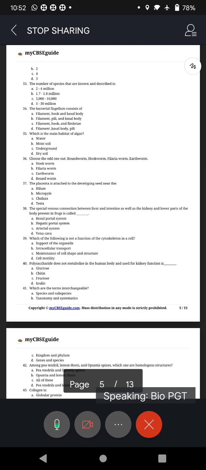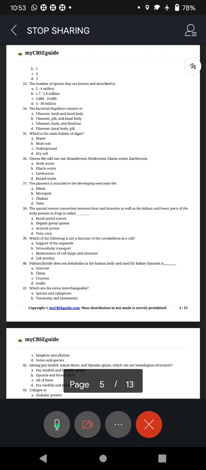Question number 37. The placenta is attached to the developing seed near the placenta, a tube-like structure that is connecting mother and the baby.